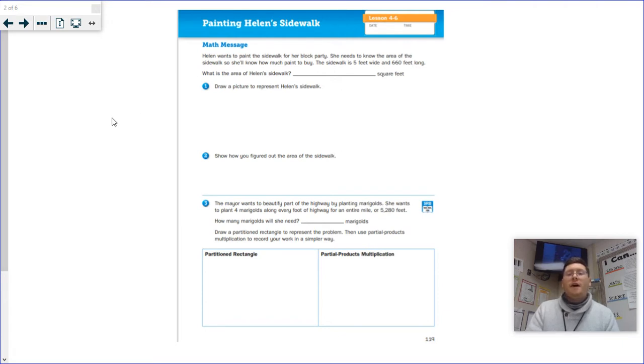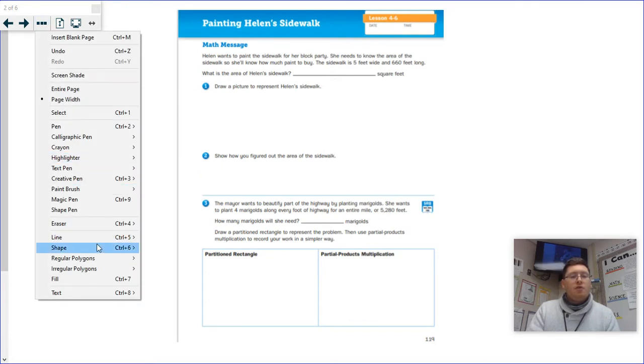The sidewalk is 5 feet wide and 660 feet long. What is the area of Helen's sidewalk? I need to figure that out in square feet. But number one says, draw a picture to represent Helen's sidewalk.